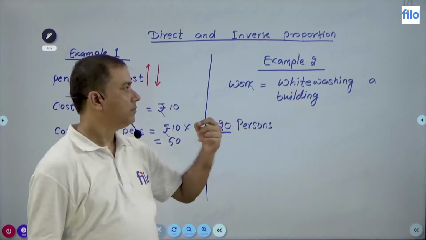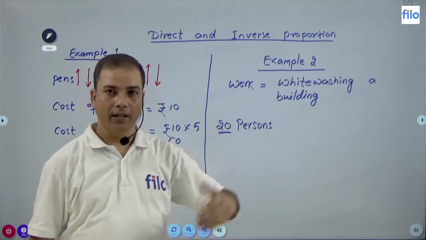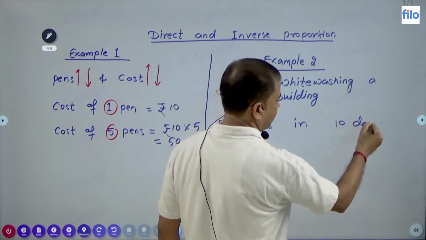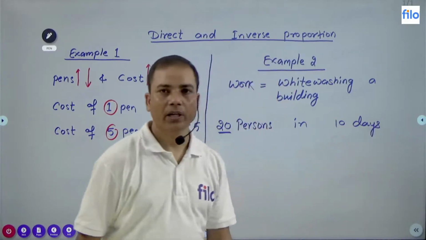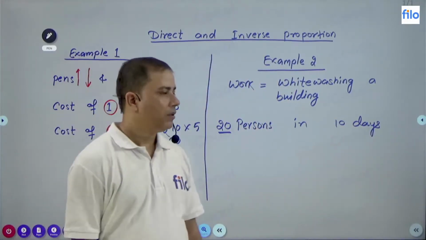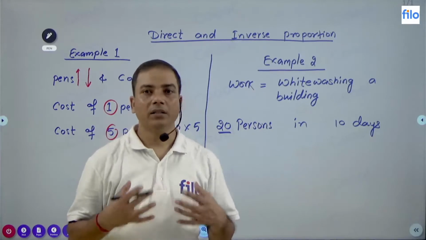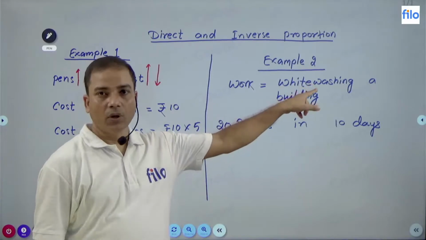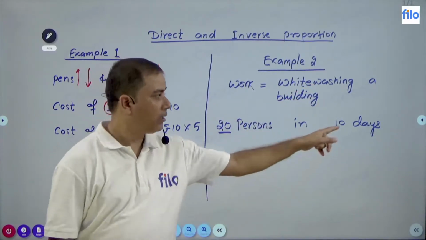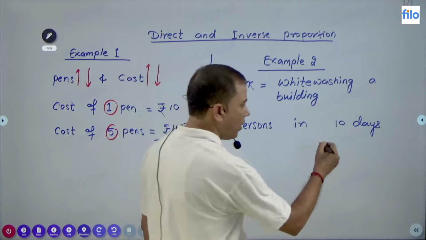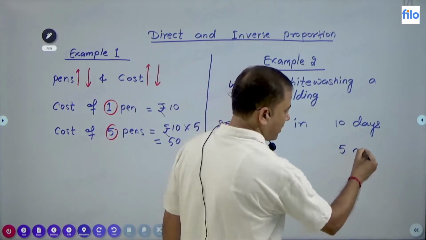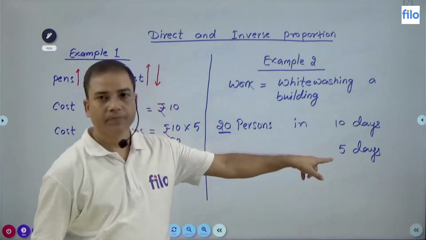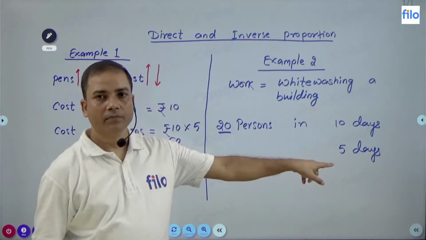They told you they will complete this work in, say, 10 days. But you are in a great hurry. You want your building to be whitewashed only in 5 days, not in 10 days. So number of days decreased or increased? Decreased.